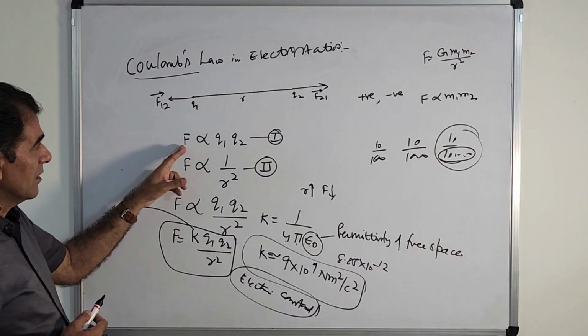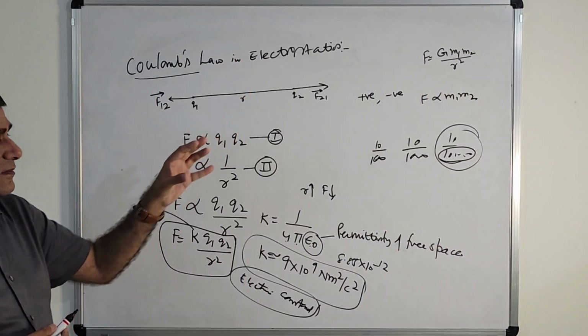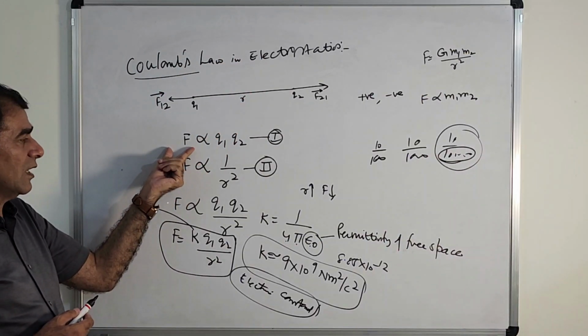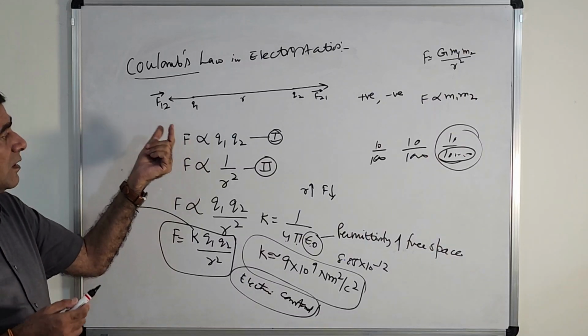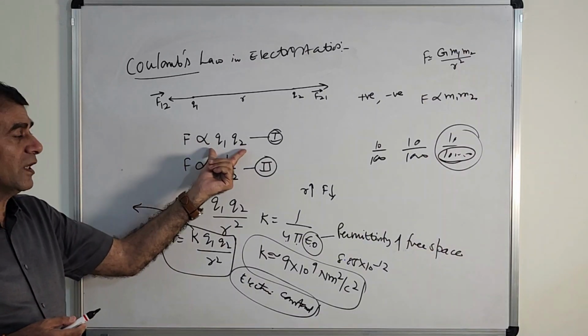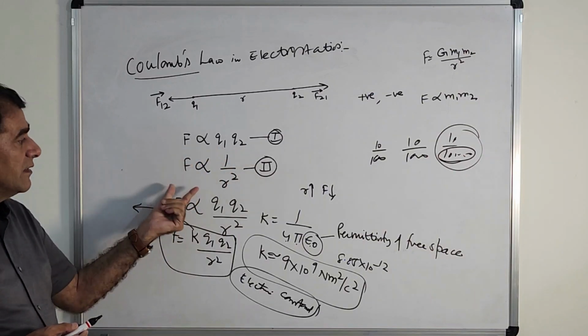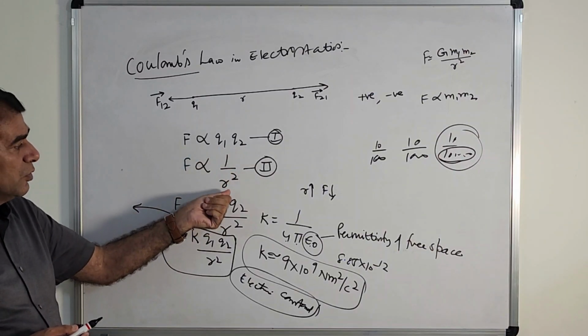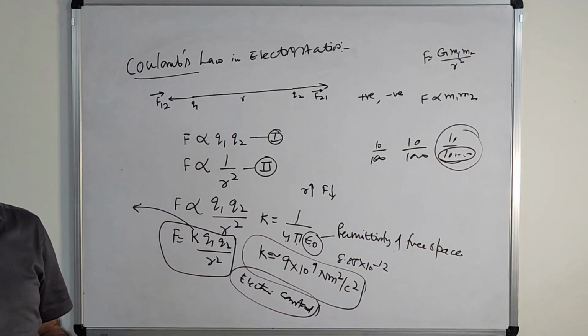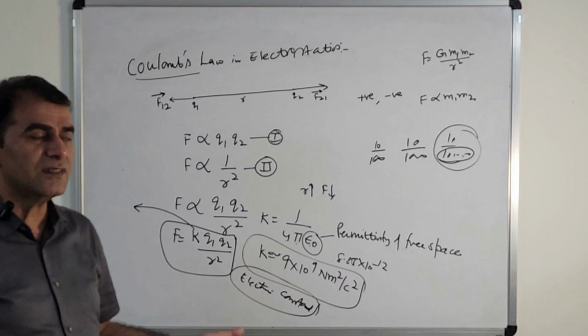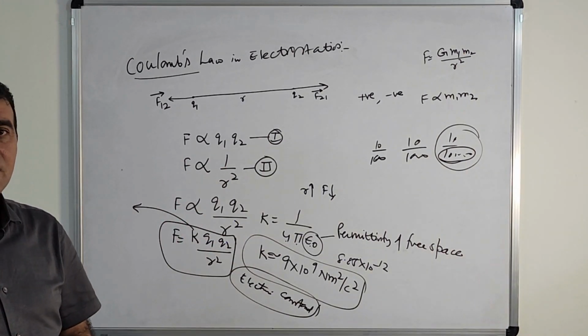So according to Coulomb's law in electrostatics, the electrostatic force of attraction or repulsion is directly proportional to the product of charges and is inversely proportional to the square of the distance between these charges. What is difficult in this? Nothing. So this is a statement of Coulomb's law, right?